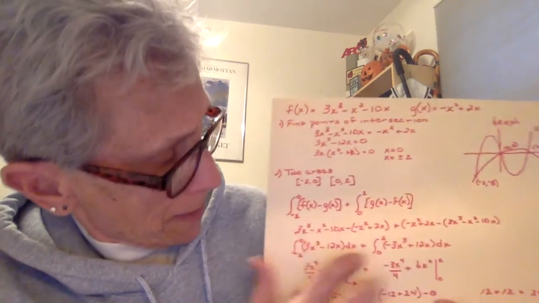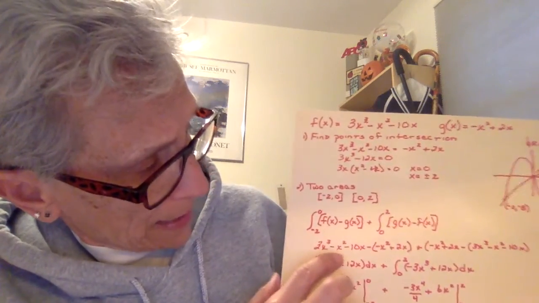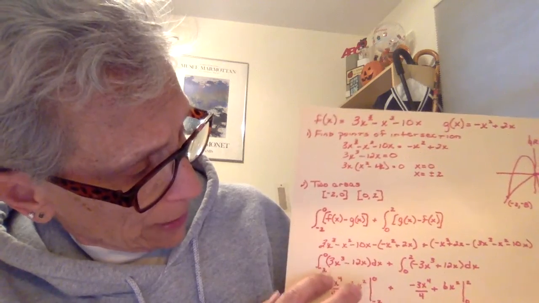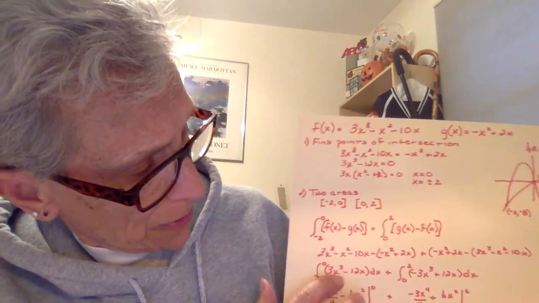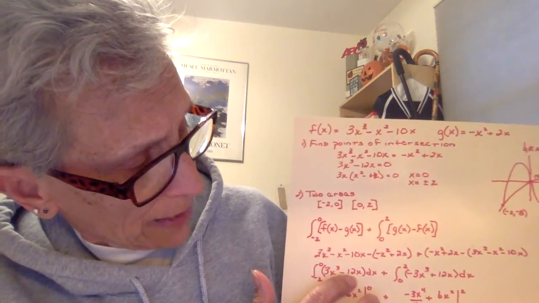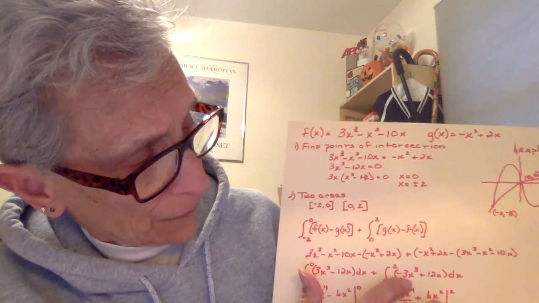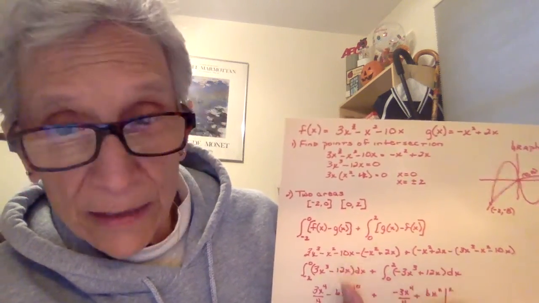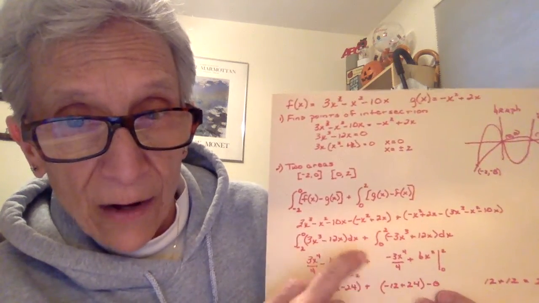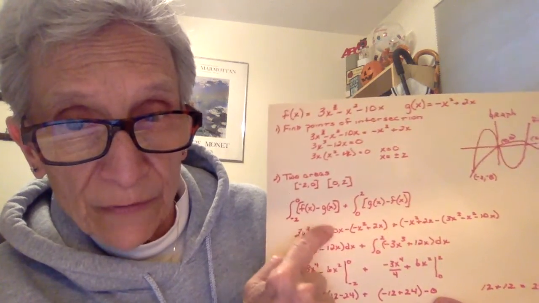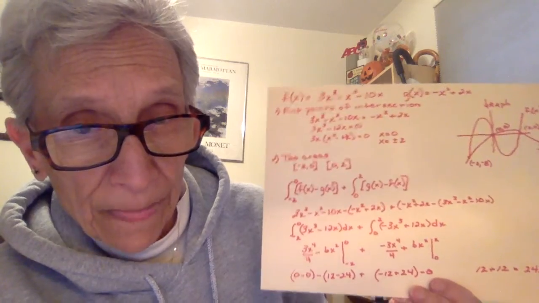When we simplify them and set them up as integrals, you're simply integrating going from -2 to 0, x cubed minus 12x dx. Going from 0 to 2, negative 3x cubed plus 12x dx. Now, I got those just by simplifying the step above.